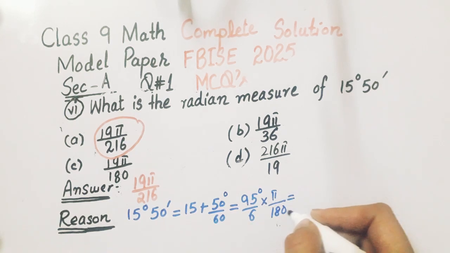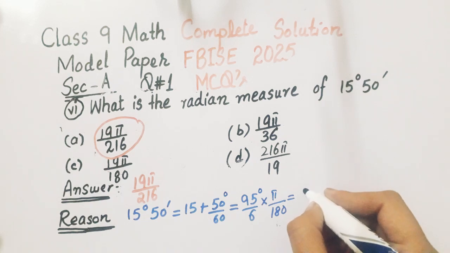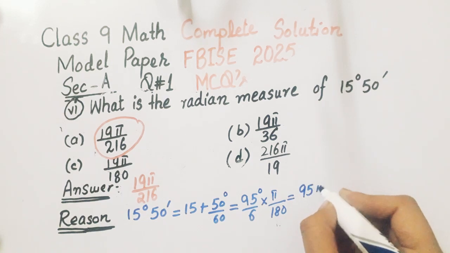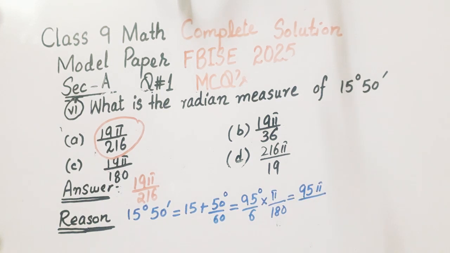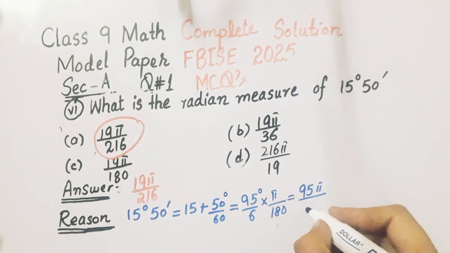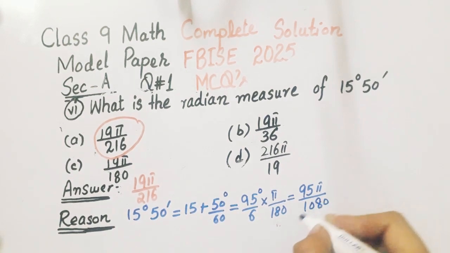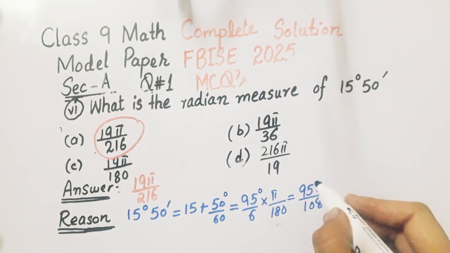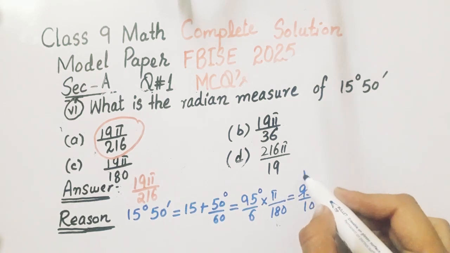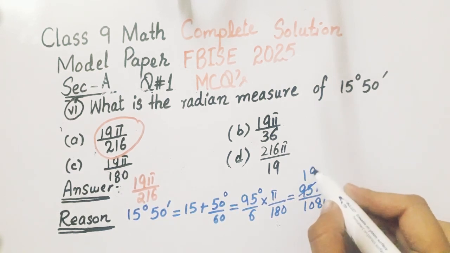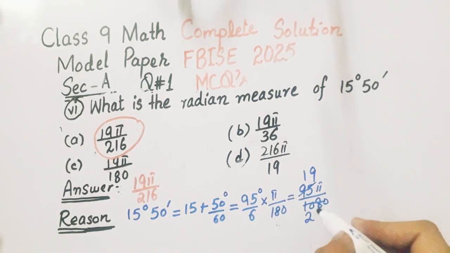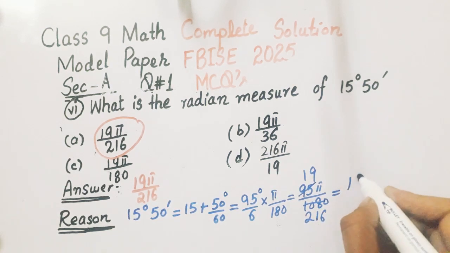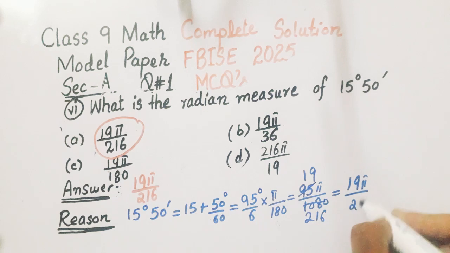So this will become 95 pi by 1080. Now we will simplify this by dividing by 5. We will get 19 pi by 216. This is the final answer.